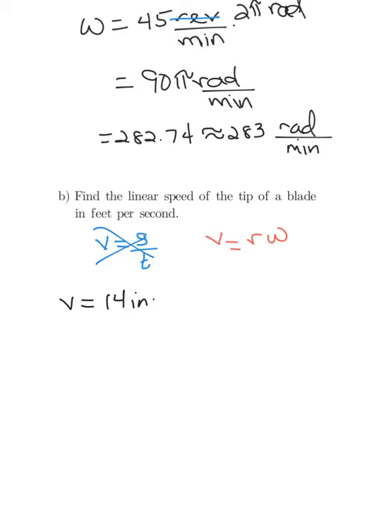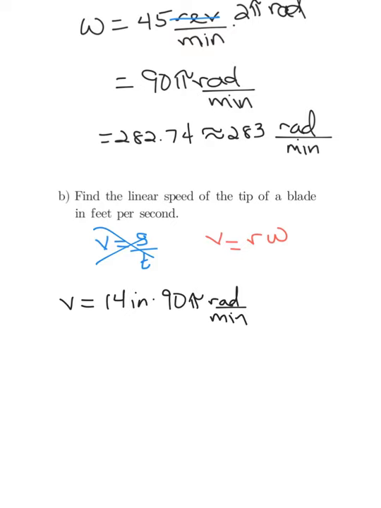That's what those directions were saying, do not round intermediate computations. So 90 pi radians per minute is our omega.